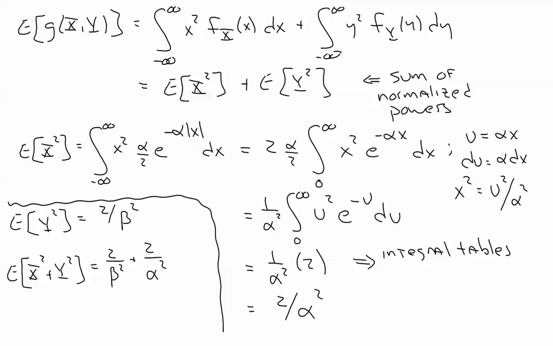So when my function is the sum of x squared plus y squared, and my PDF was that double-sided declining exponential that I showed you earlier, that's the result for the expectation of x squared plus y squared.